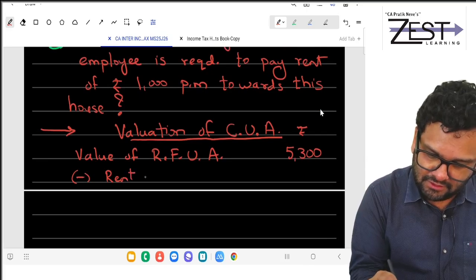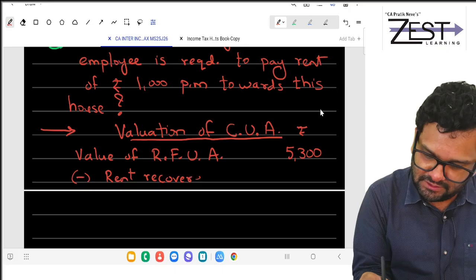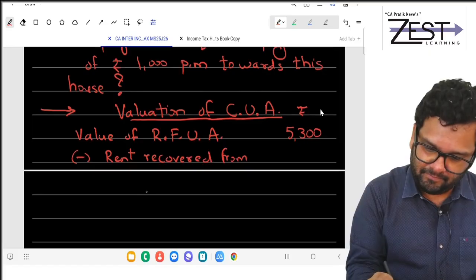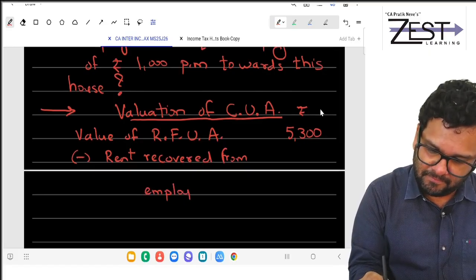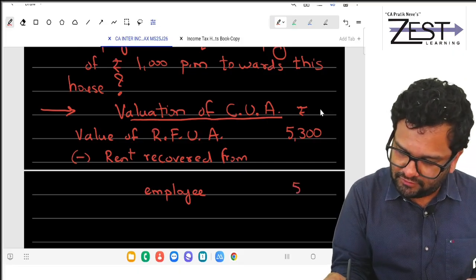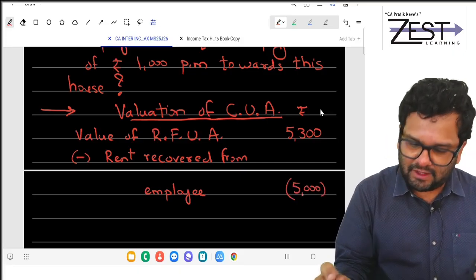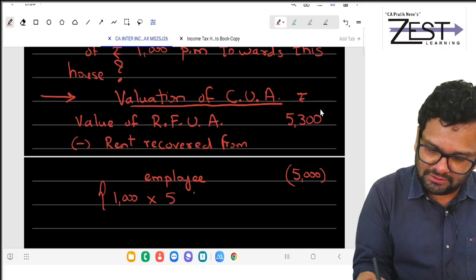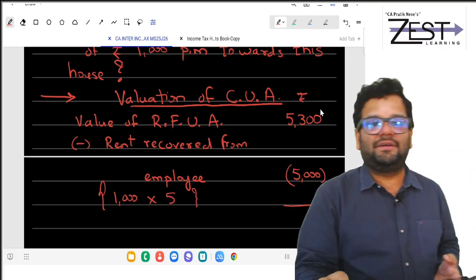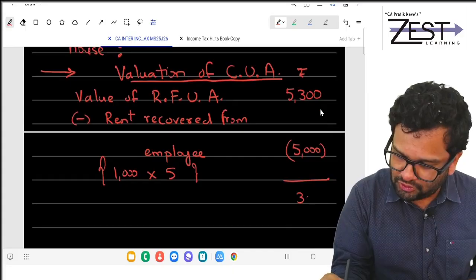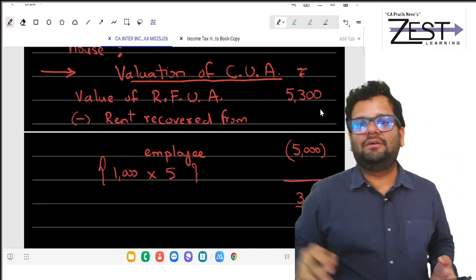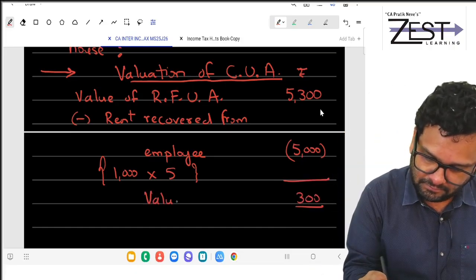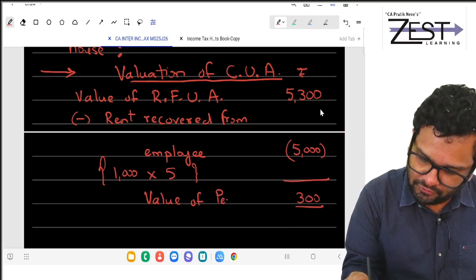Rent recovered. What is the rent recovered from the employee? 5000, right? So why 5000? 1000 into 5. What else? 300. I don't focus on figures, focus on the point. What is 300? Your value of perk.